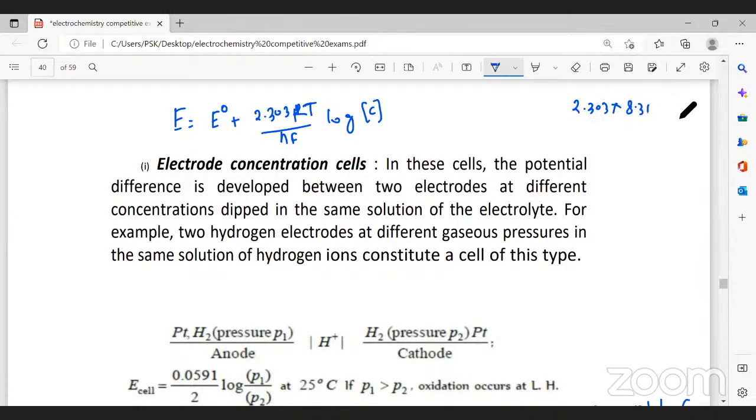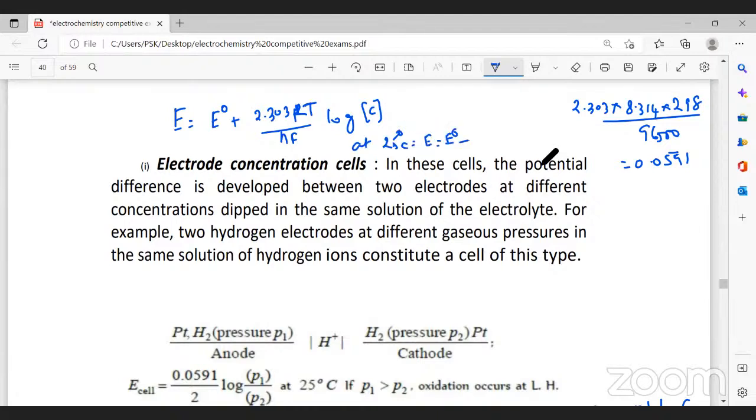R is a gas constant. And if I take 25 degrees Celsius, it is 298 Kelvin. And I know Faraday is also constant. So this value will be 0.0591. So at 25 degrees Celsius, we can write the Nernst equation as E is equal to E naught plus 0.0591 divided by n log of C.